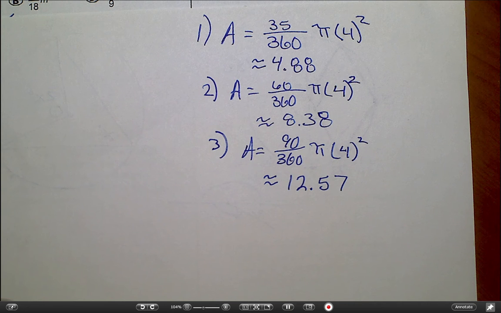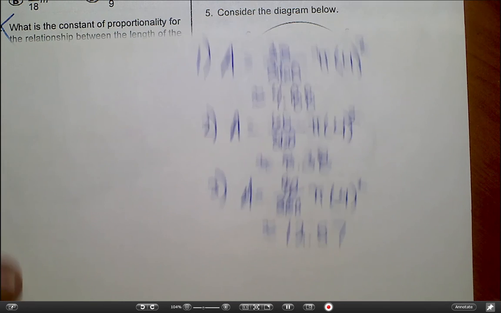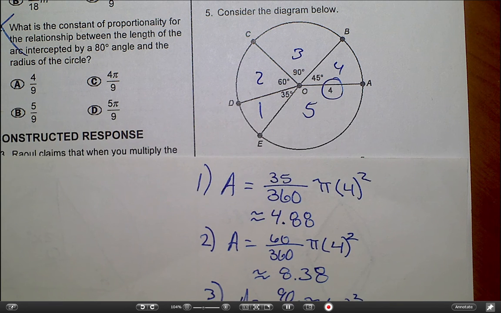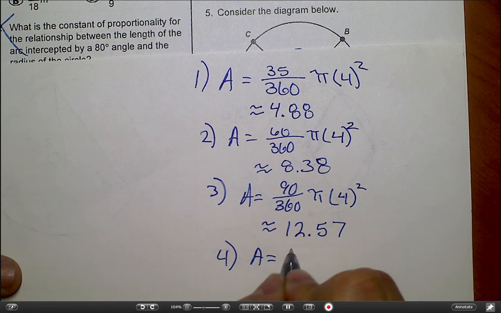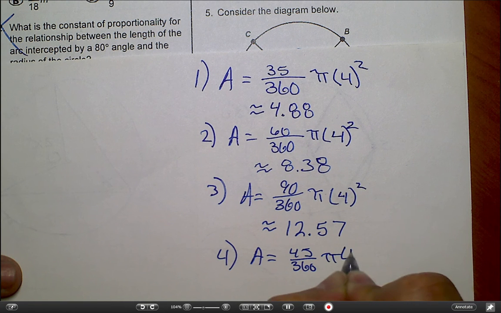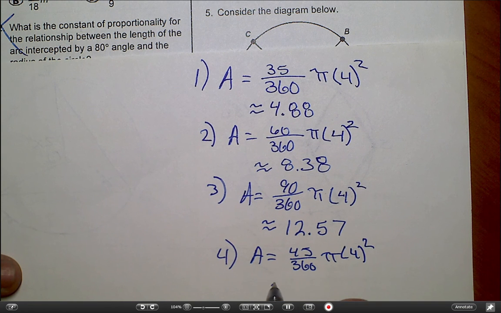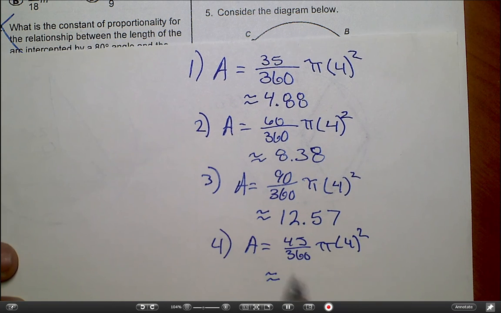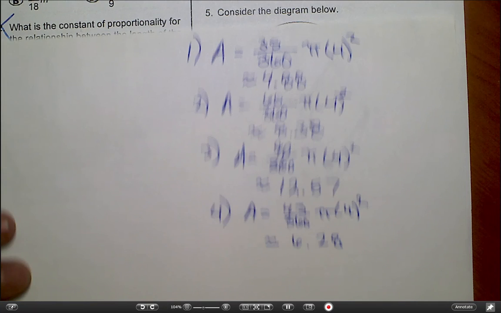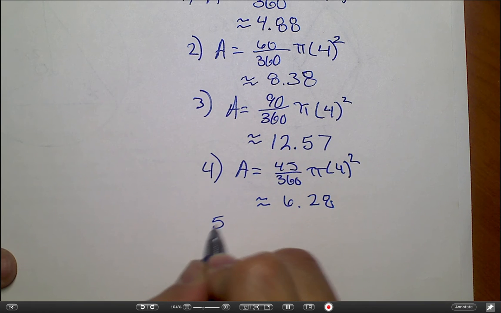All right. Did you have time to do 4 yet? Then give me 4. 6.2. Okay, it should be 45 over 360, right? Pi, 4 squared, so give me what? 6.28? Yeah. Okay. Now, who got 5?